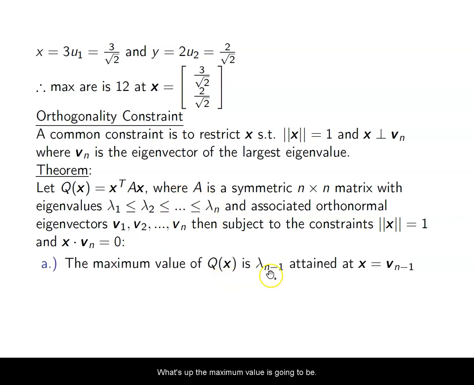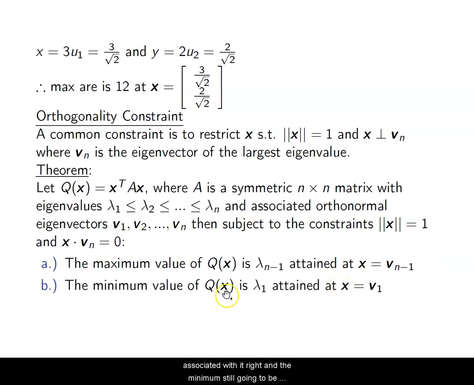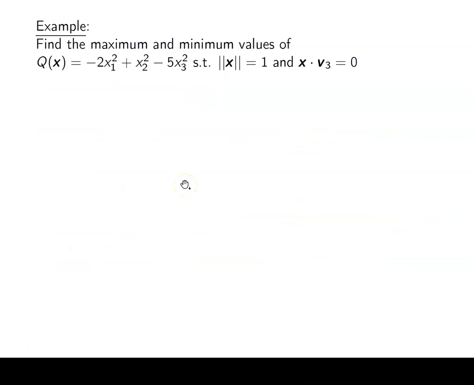So the maximum value is going to be the second largest eigenvalue, okay? And it's going to be attained at the eigenvector that is associated with it, right? And the minimum is still going to be the lowest, and it's going to be at its associated eigenvector as well, okay? So let's do a quick example, right?